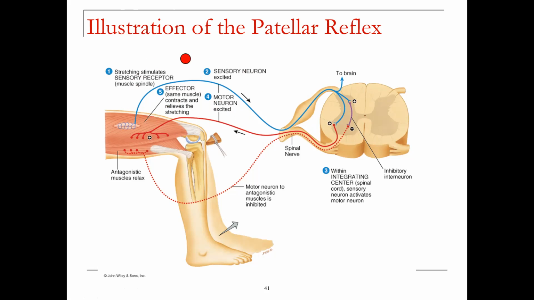We make the muscle spindle and the Golgi think that we're contracting by hitting the tendon, and it causes the leg to kick out. We cause the extension of the lower leg. And that is everything on the general senses and reflexes.